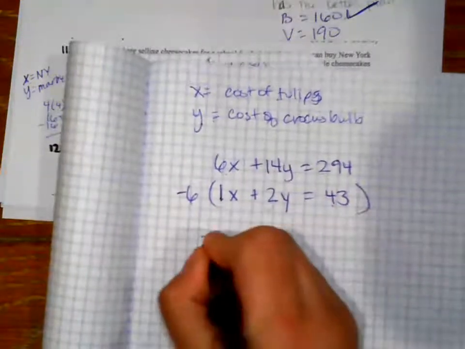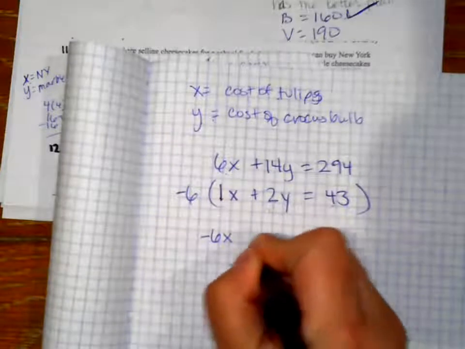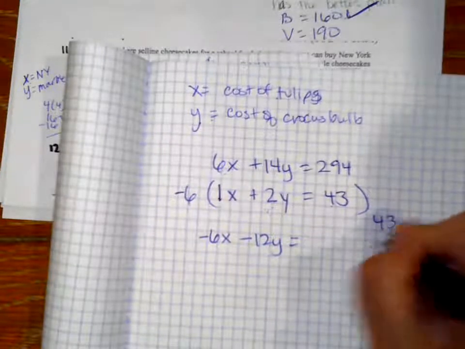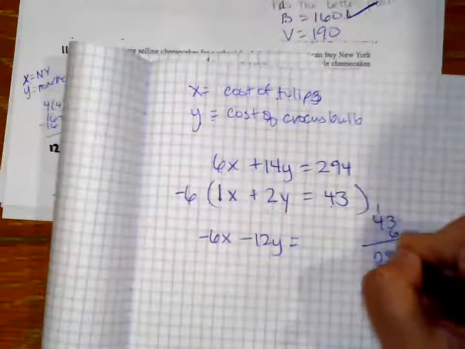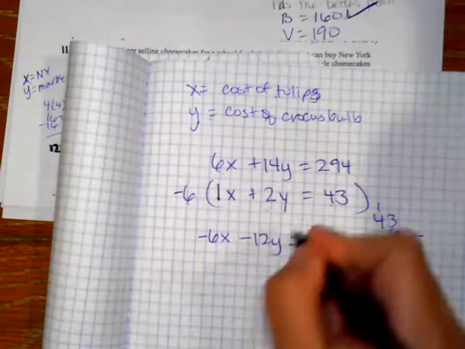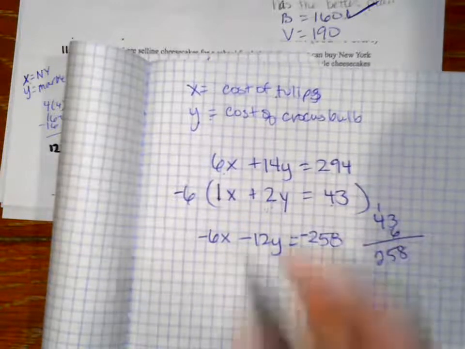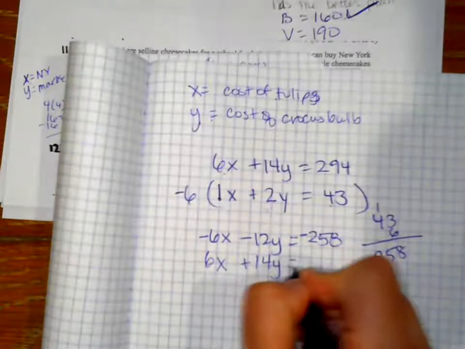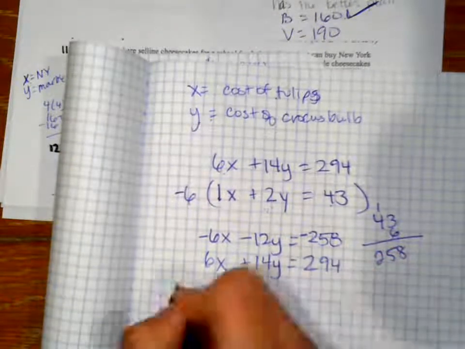So that's going to give me -6x minus 12y equals, let's see what 43 times 6 is, 258. And that is negative. And then my other equation is 6x plus 14y equals 294.